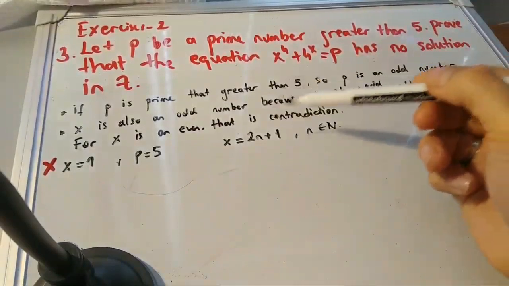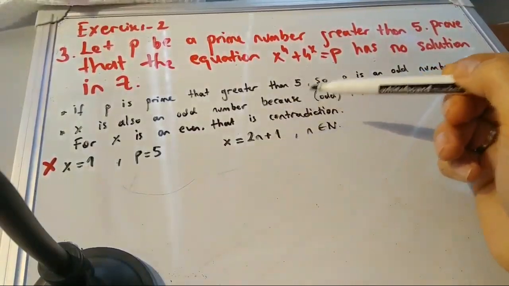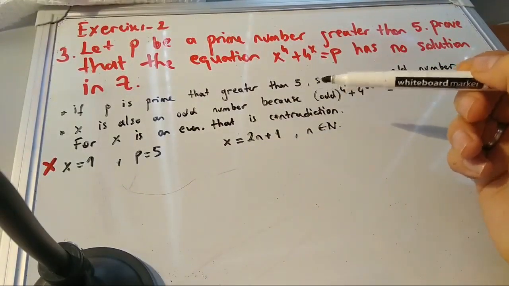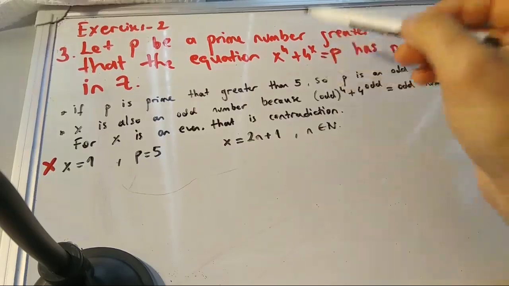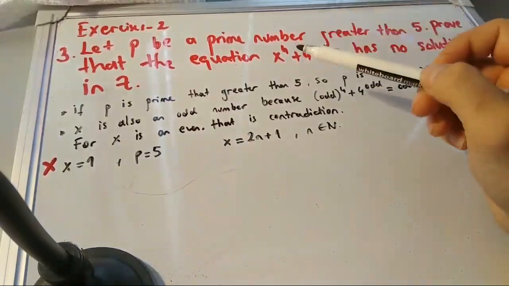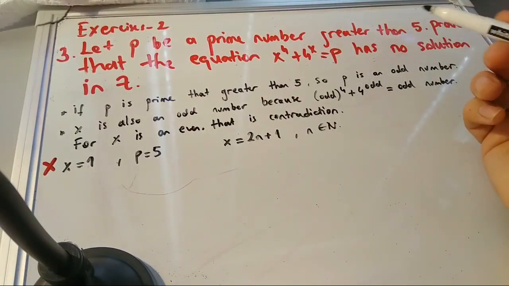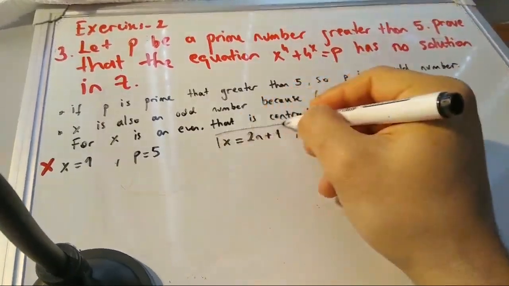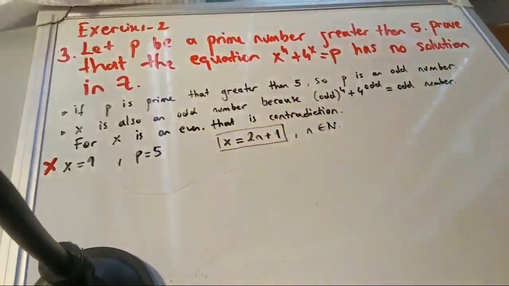For X is 2, P is not prime, of course, it's even. So for X, we will use 2n plus 1.